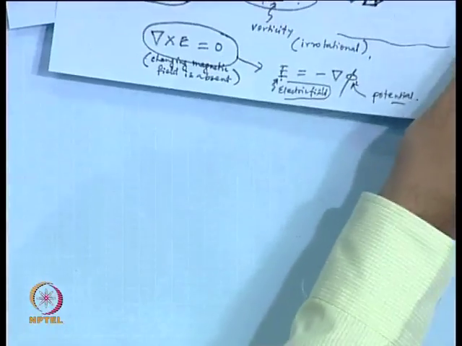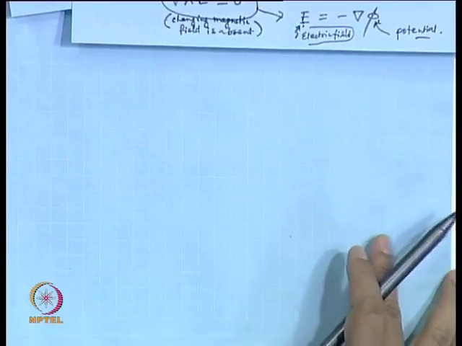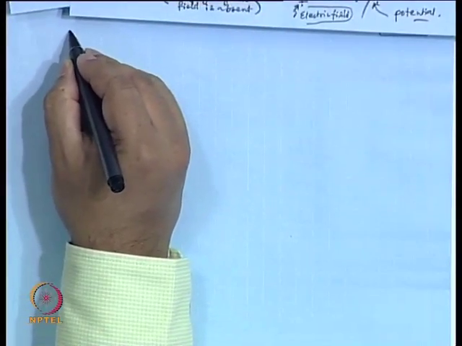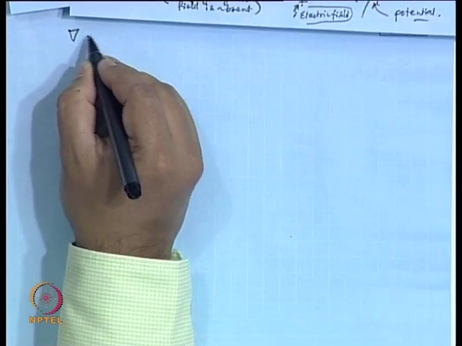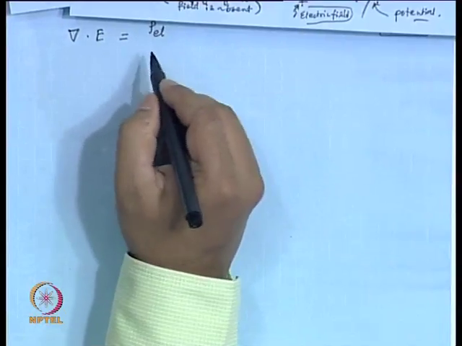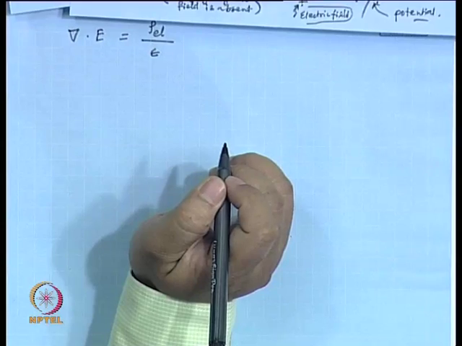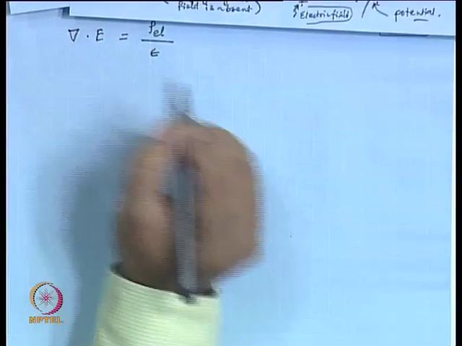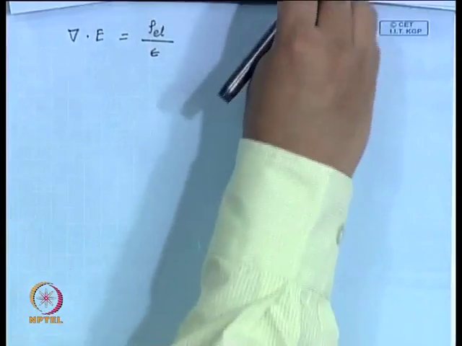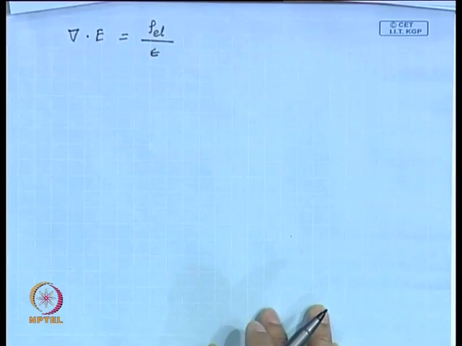All right. So, with that understanding, what you can write is del dot E is equal to rho EL divided by epsilon. Do you remember what we had for del dot V? What is del dot V in the fluid mechanics context?